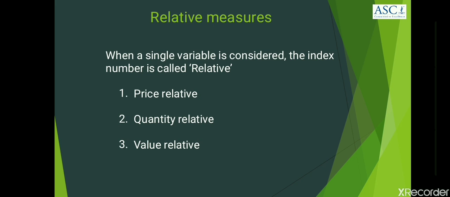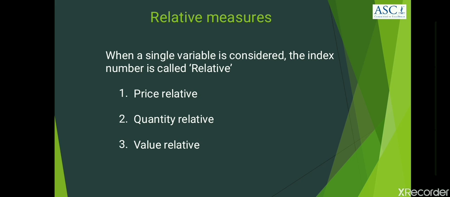If price is the only variable, then the corresponding index number is called price relative. Similarly, if quantity is the only variable considered in the construction of an index number, then it is called quantity relative. In case of value relative, if only a single value is considered, then it is called value relative. These are all simple index numbers.